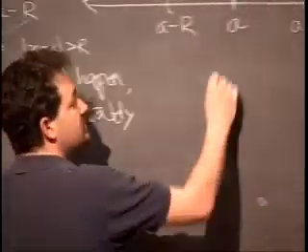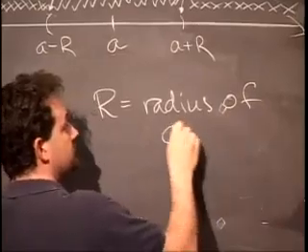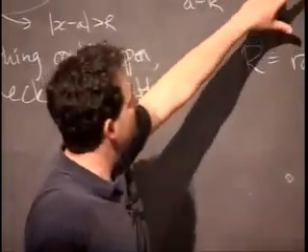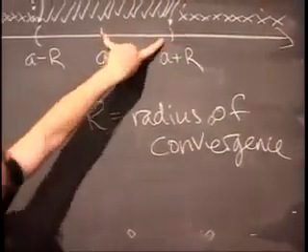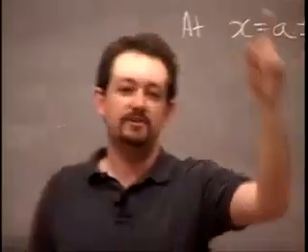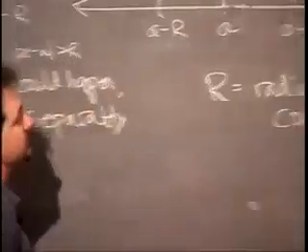The number r is called the radius of convergence. And the reason it's a radius is, imagine taking your compass, sticking it on the center a, and marking off this arc here, boom, and boom. When we do complex numbers, you actually get a full circle, because instead of a line you have a plane, but that's not until a little later. Then it looks like a circle rather than just a little interval, but you can still imagine the compass. So r is the radius of convergence, and this is one possibility of what can happen.